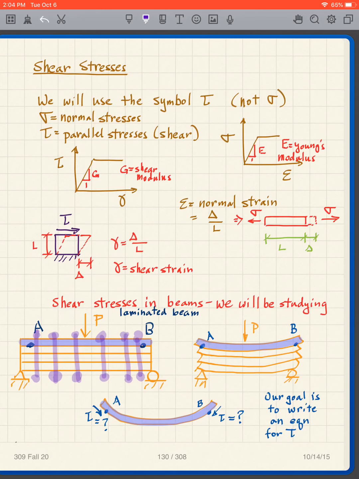Now, my question for you, what I'd like you to think about, is suppose these bolts are weak. For the sake of discussion, suppose they are weak.